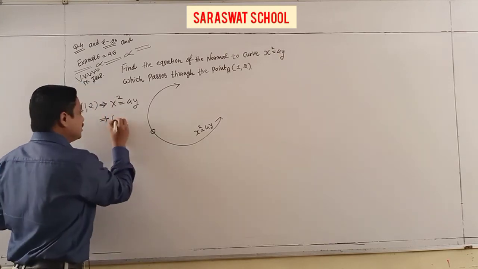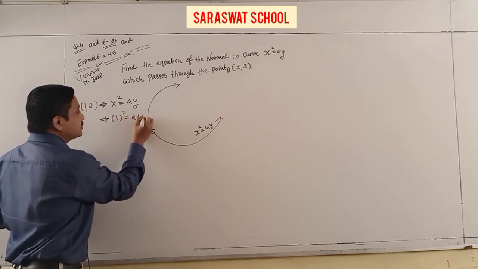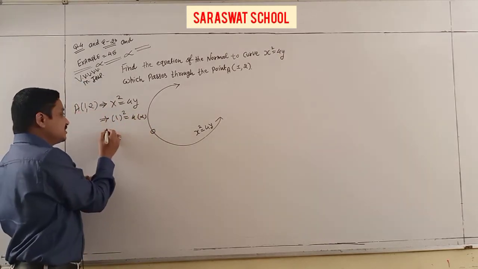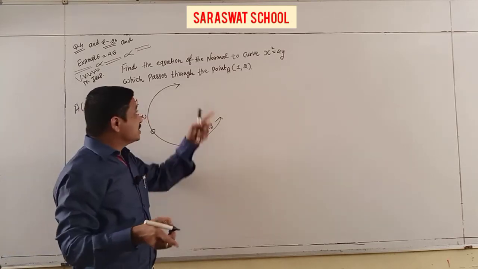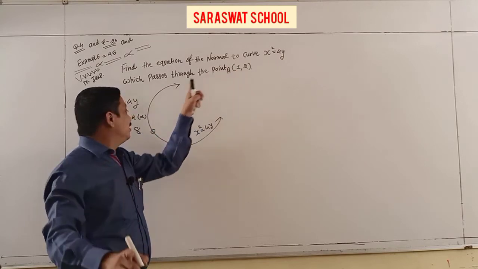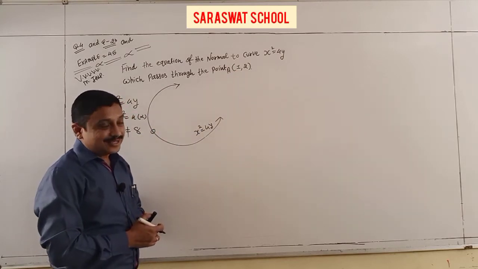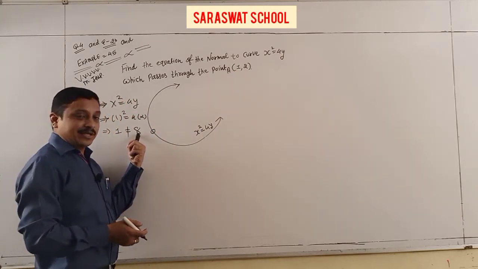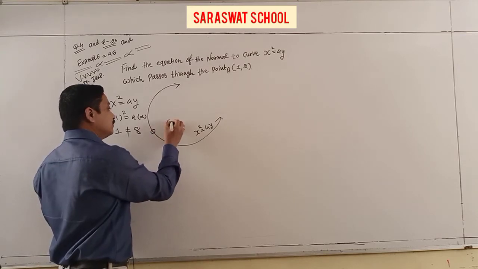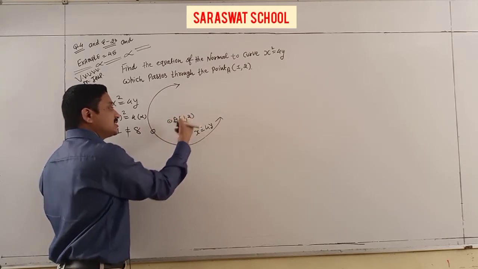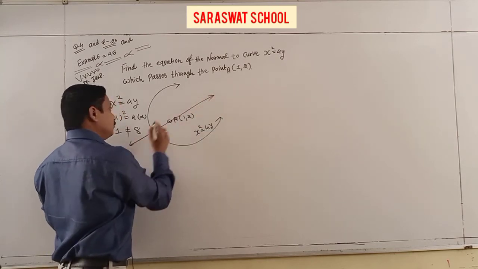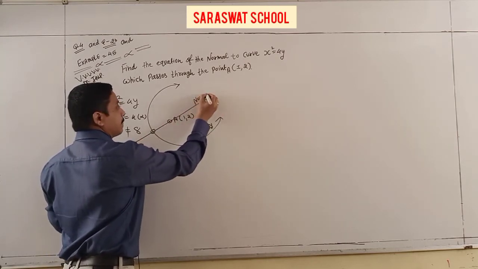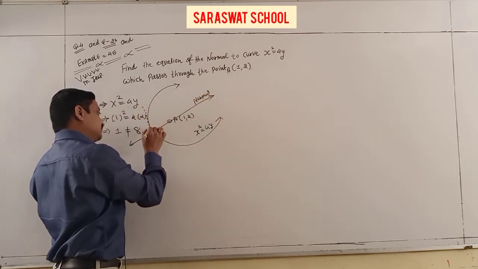So x is 1, y is 2, here x and y. Check. 1 is equal to 8? No. They do not lie. It means the given point does not belong to our curve. So here 1 less than 8 is actually coming. So actually your point is here. You are here inside the parabola, and that is one of your normals, and that is your tangent.